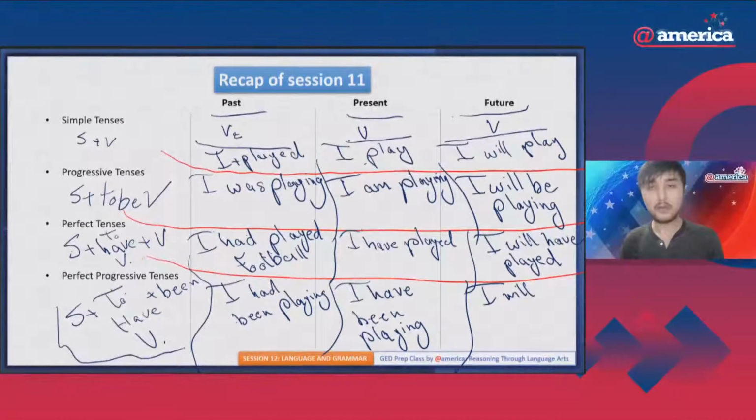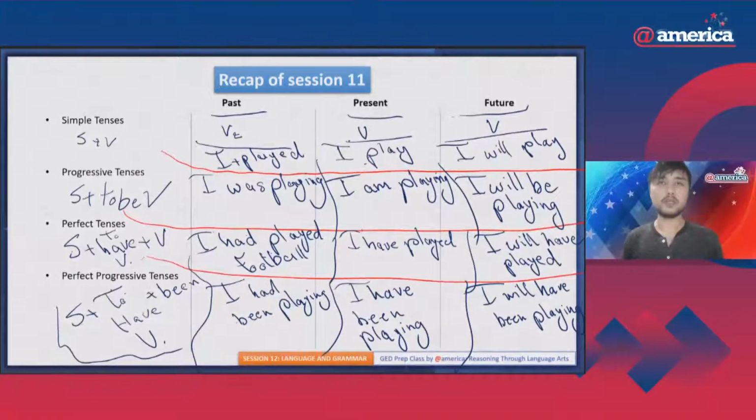You have to use subject, and you have to use to have verbs, and you have to use been. So for the future as well, you'll say, I will have been playing, and this is, again, used if you want to focus on the duration of the action.